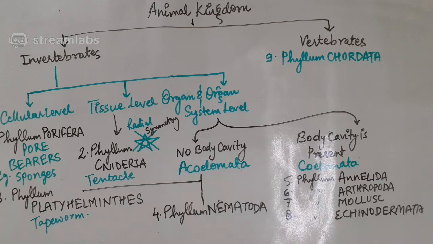Next is phylum Nematoda. After the first two phyla, the next three phyla are for the worms, like tapeworm. Nematoda carries organisms like ascaris or hookworms.